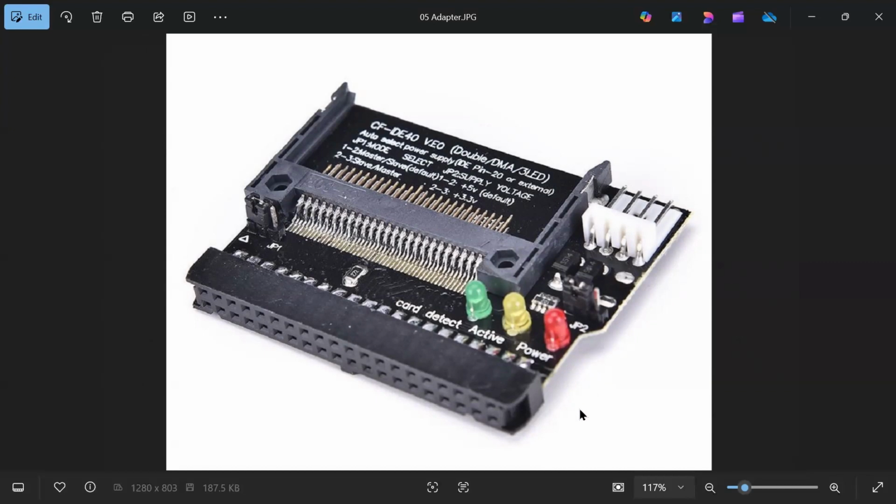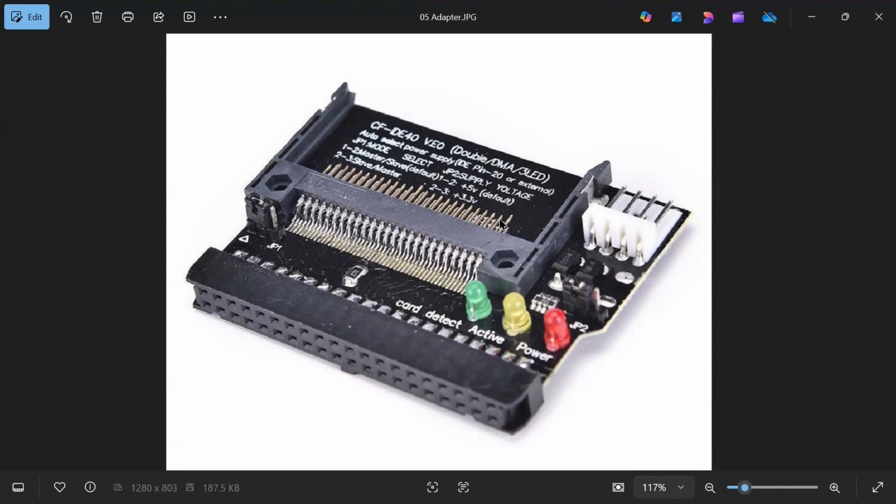And that IDE mode is essentially the 8-bit data standard that the fixed disk hard drives used for the early computers. So the true IDE mode is signal compatible with IDE, but is not pin compatible.